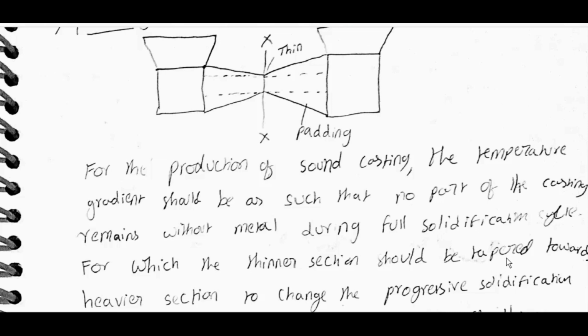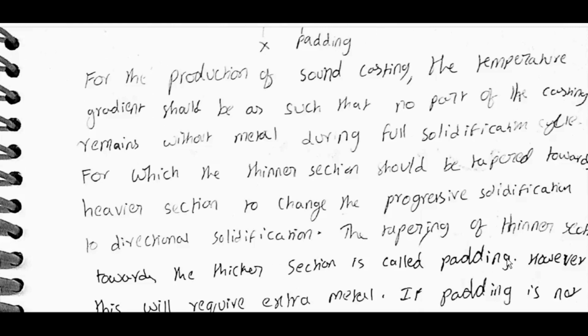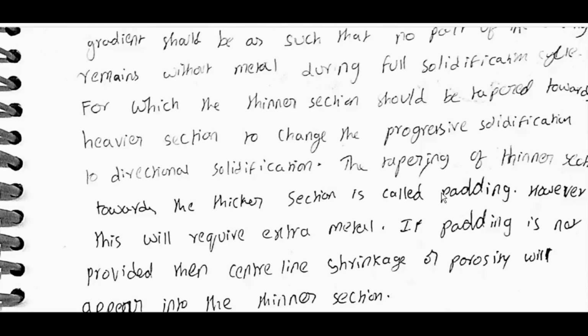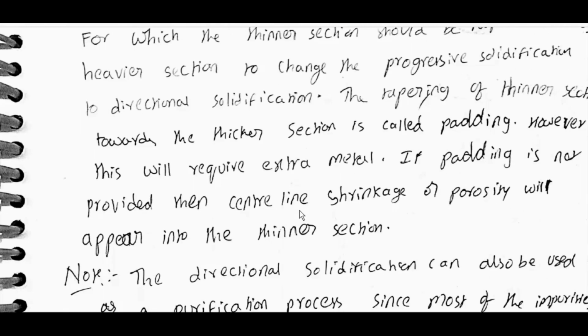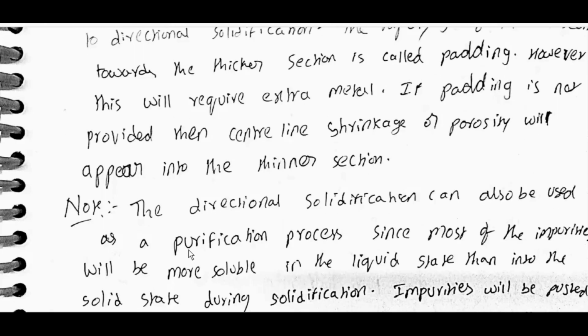The thinner section should be tapered towards heavier section to change progressive solidification to directional solidification. The tapering of thinner section towards the thicker section is called padding. However, this will require extra metal. If padding is not provided, then centerline shrinkage or porosity will appear into thinner section.